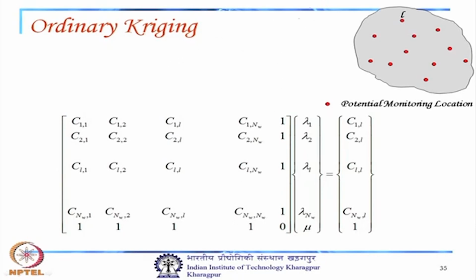For ordinary kriging, these are the potential monitoring locations. If a location is monitored, then this part is not required, and lambda is basically 0.